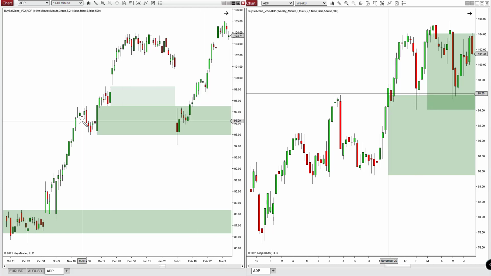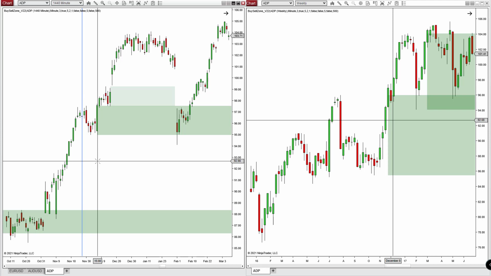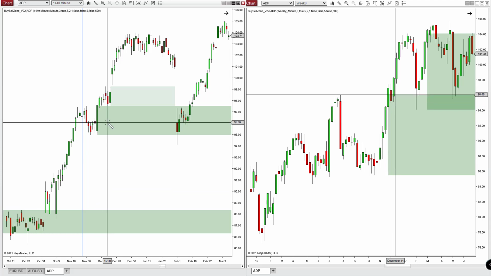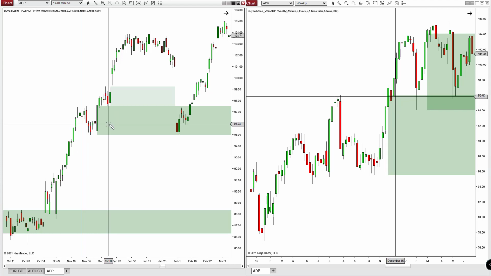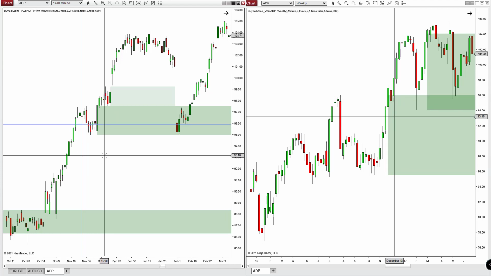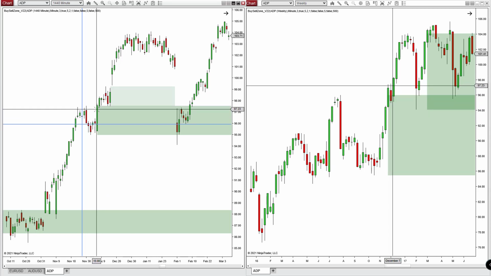Okay, so let's mark up our chart again. So let's get the beginning of the zone, which is right here. And then let's get the zone high right here. I grabbed the wrong line. Right there. Okay, so this zone prints after our high time frame zone.